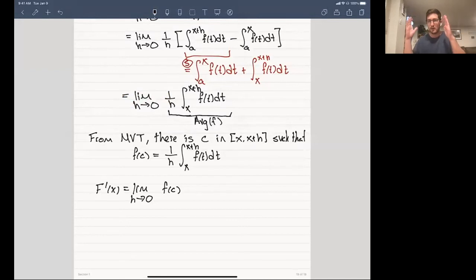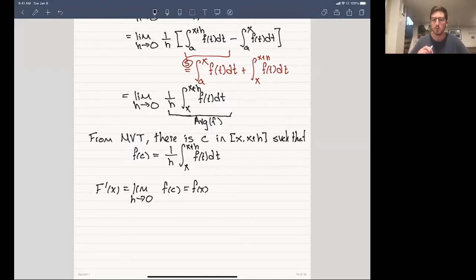The left and right points collapse down on each other, which means that if c is in that interval, the only point left for it to be is x. So we get that this thing is equal to f of x.